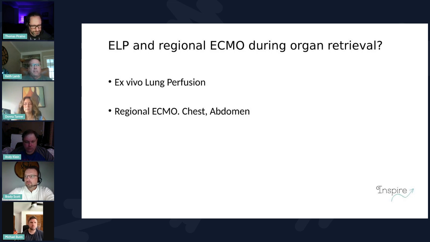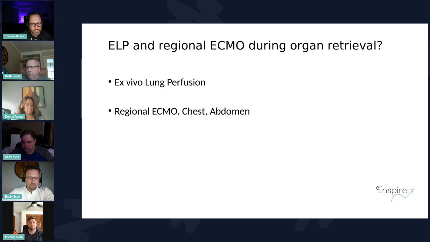In my experience as an RT for quite a while, I've always wondered, and Michael, maybe you can help me with some of this too, why the disparity between what the donation folks want us to do with the ventilator and what we normally would do with the ventilator. Not only the ventilator, but other things too.